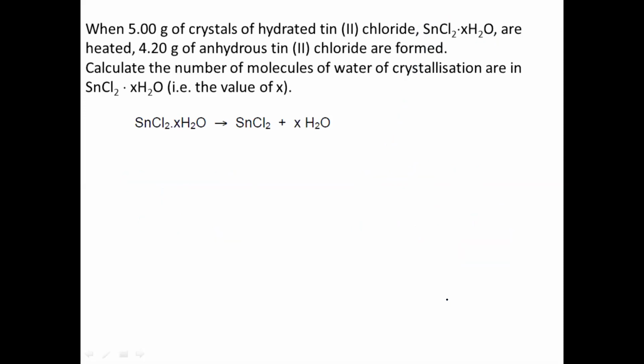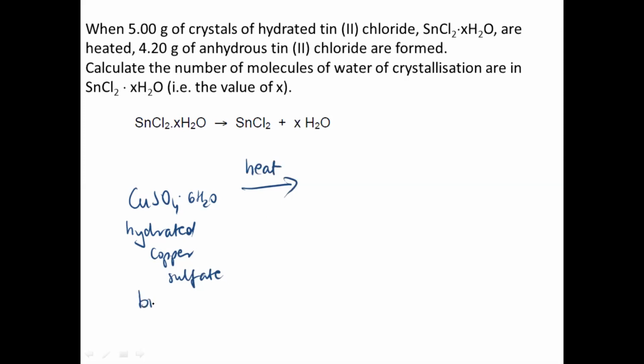So what do we have? Oh, this is often also used, actually, one more thing. So when I've got hydrated, for example, copper sulfate, you might have seen this example for reversible reactions. This one is blue solid, and when you heat it up, it loses the water and it becomes anhydrous, and the water would evaporate, right?